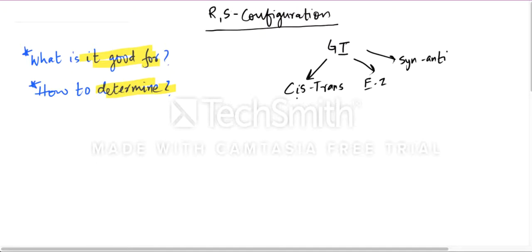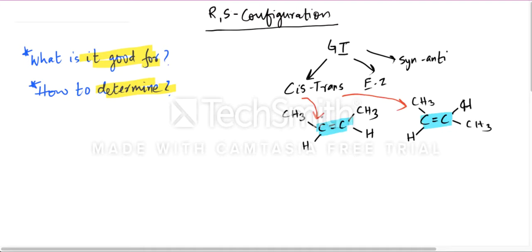Whenever we have any part of a compound which can show geometrical isomerism, there we can assign configuration to geometrical isomers. These are the different configurations we can assign. So similarly, when we come to optical isomerism and look at the chiral carbon, the chiral carbon can show two different types of configuration.